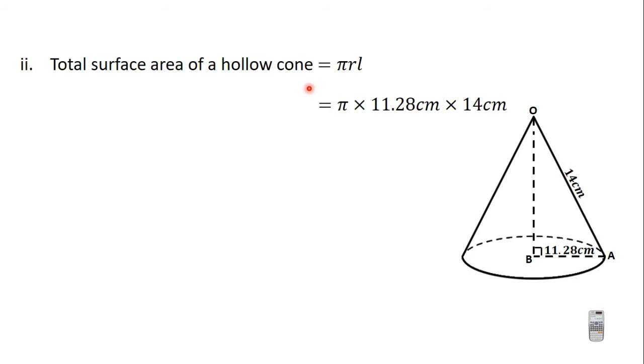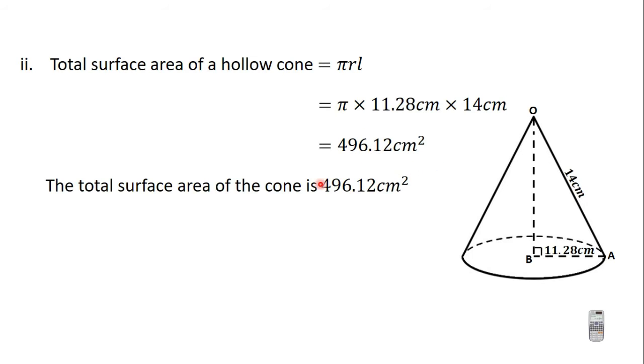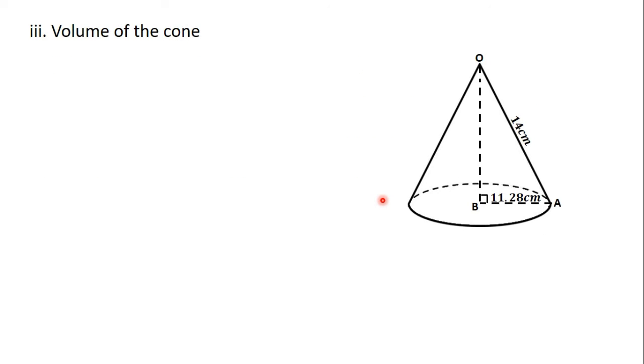So the surface area is equal to pi times 11.28 centimeters times 14 centimeters, and this will give us 496.12 centimeters squared. So the total surface area of the cone is 496.12 centimeters squared.